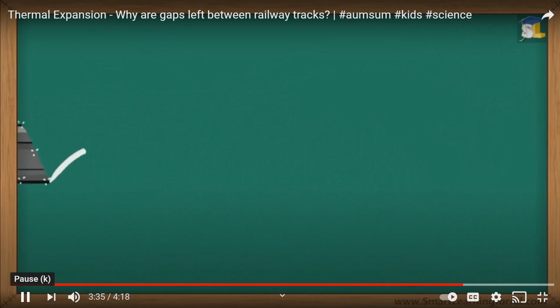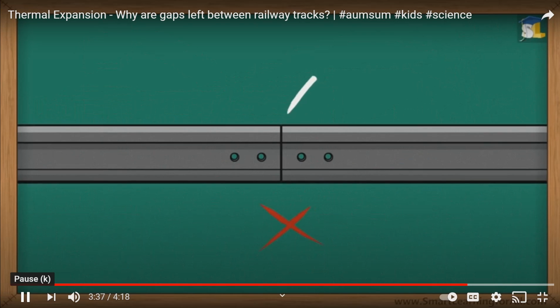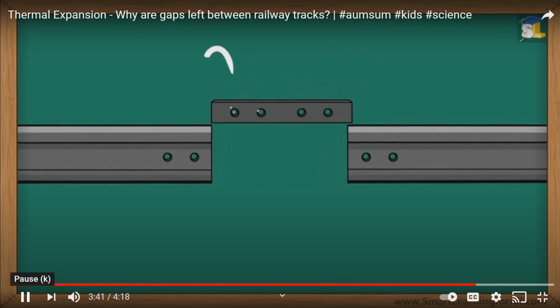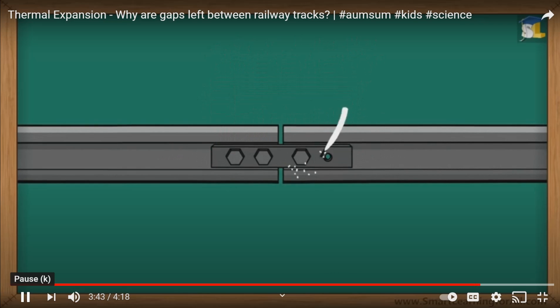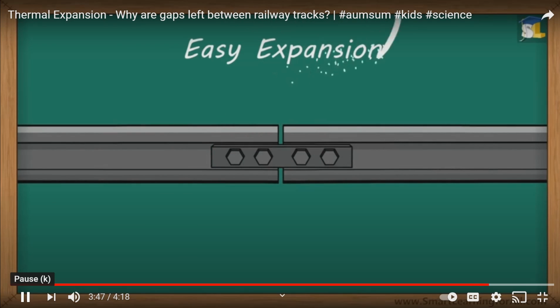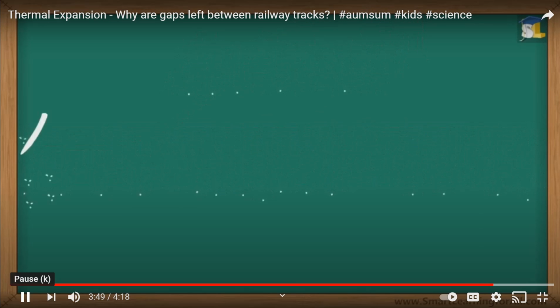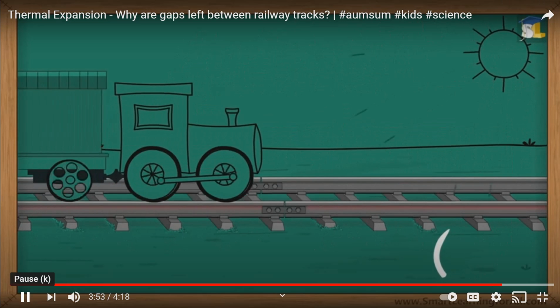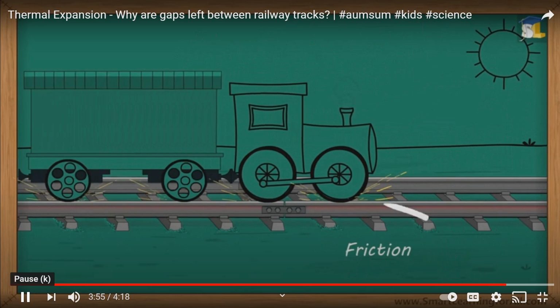To avoid this, the rails are not joined together firmly. Instead, each rail is connected to the other in such a way that a small gap is left in between them. These small gaps provide space for easy expansion of the rails, which happens during summer, as well as due to continuous friction between the train wheels and the rails.